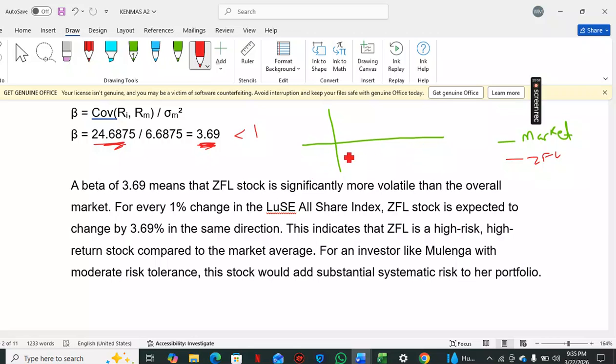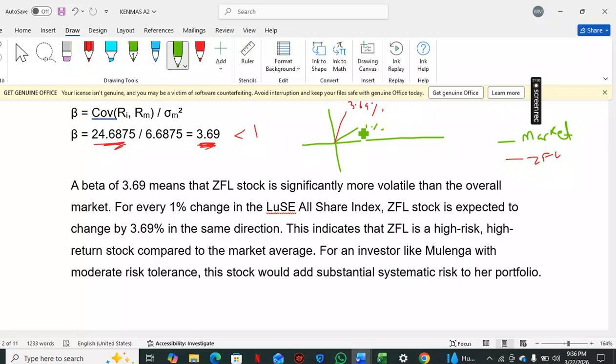If the market increases by 1%, ZFL is going to increase by 3.69%. It's going to increase greater than the market. If the market increases by 10%, ZFL will increase by 30%. That's one side to look at it.